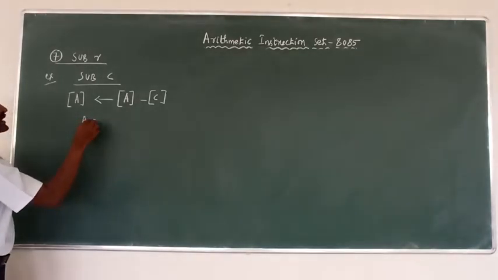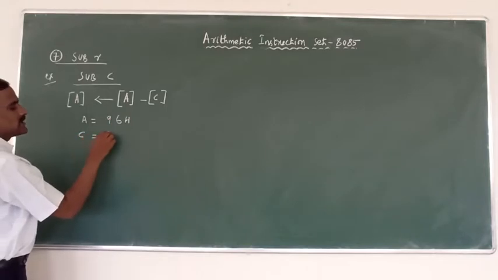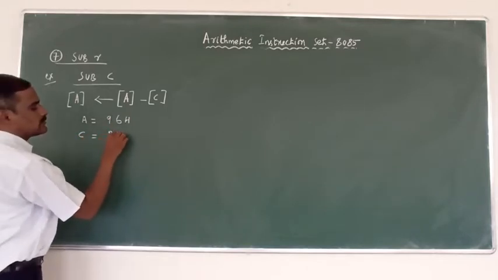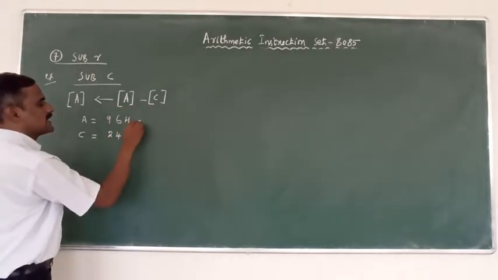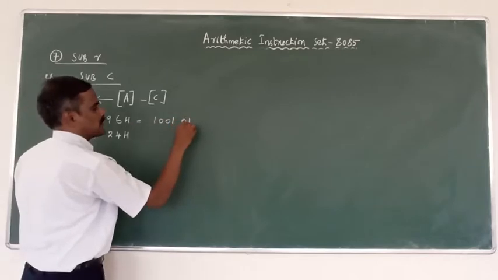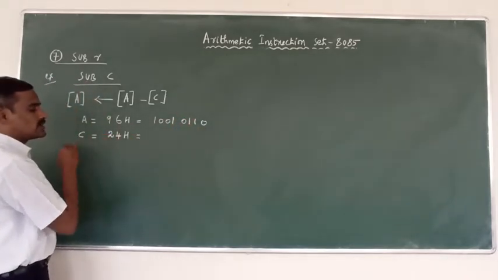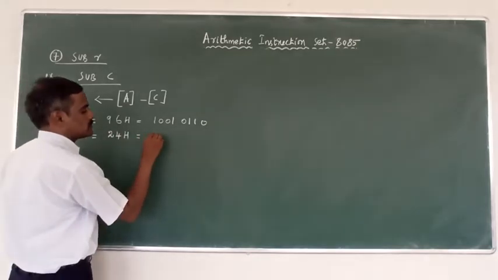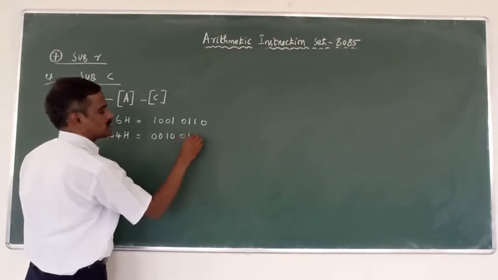Example, A equal to 96H and C register equal to 24H. Now to subtract these two: 96 is 1001 0110, and C register 24 is 0010 0100.